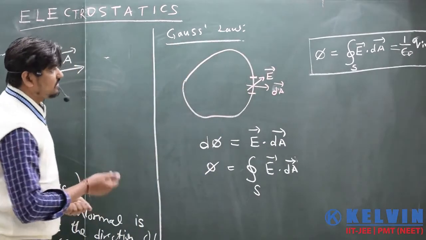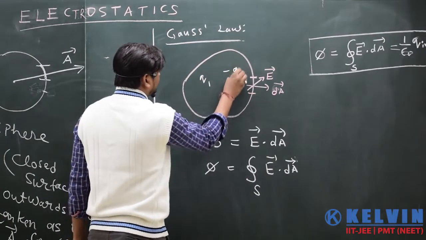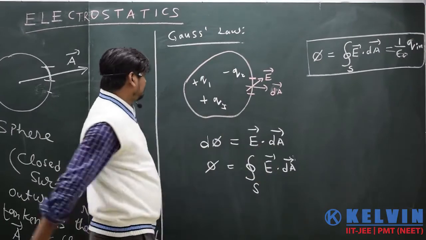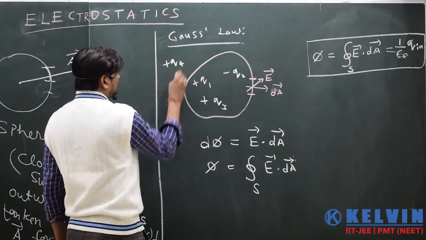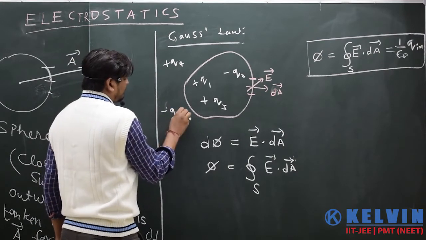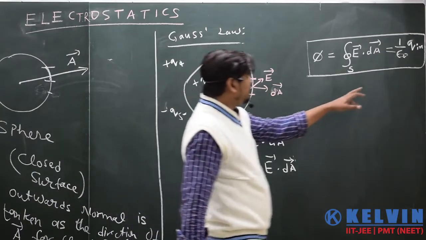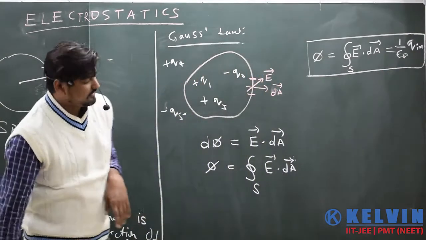What is the meaning of total charge enclosed? Suppose I have charge Q1, minus Q2 charge, plus Q3 charge, with Q1 taken as positive, and some charges outside, Q4 and minus Q5. What is Q inside? Q inside means the total charge enclosed inside the surface.